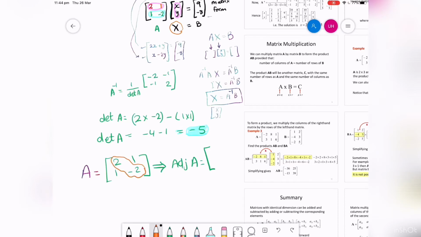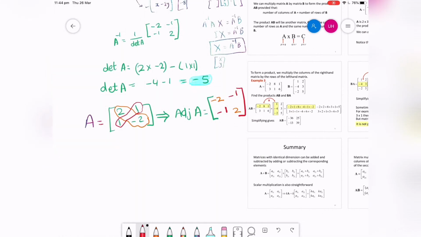So the minus 2 becomes here, and the 2 goes there. And also, we change the sign of these two terms. So this is going to be minus 1 and minus 1, because both of them were positive, then we change the sign, so it becomes negative.